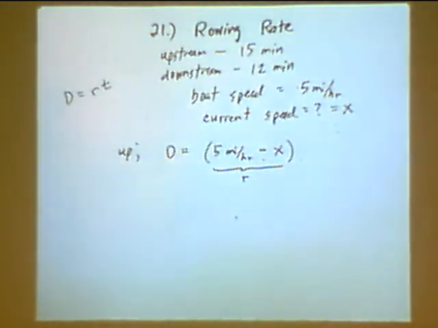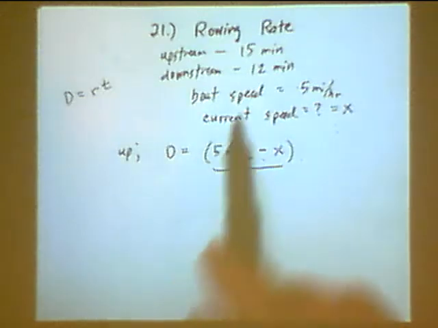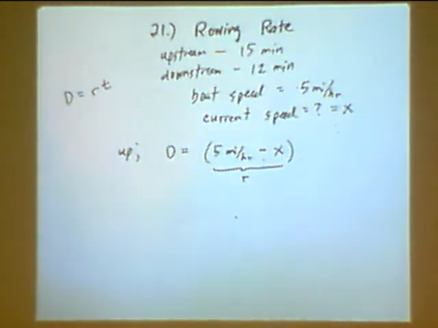And now here's another warning. Look here, the speed of the boat is 5 miles per hour, but look at the time they gave me for how long he rowed upstream, 15 minutes. Once again, we have to have consistent units. What I'm going to do is convert 15 minutes into hours.